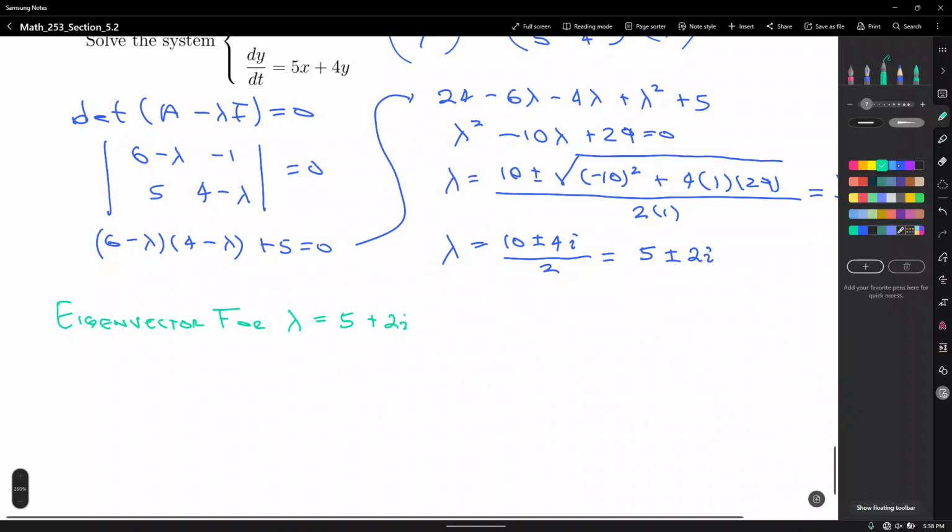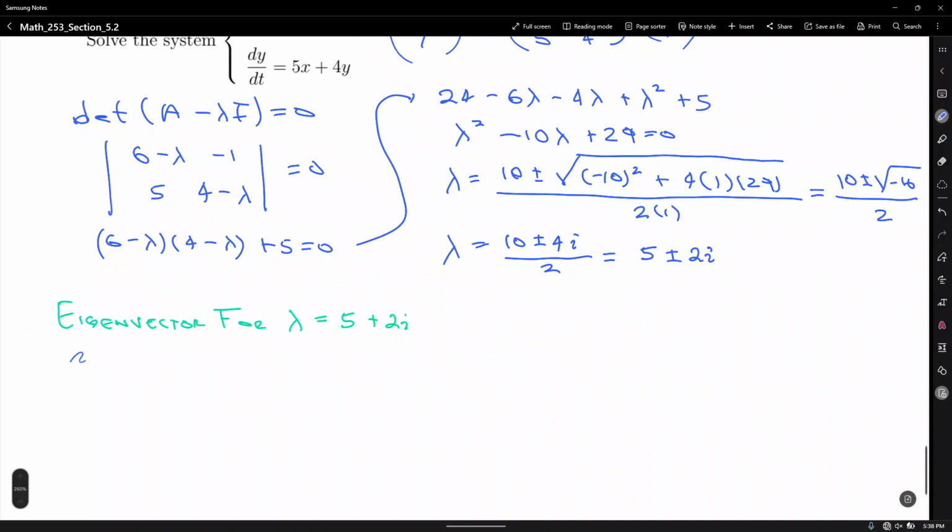That is A minus lambda I times k equals the 0 vector. So that is matrix A, which is 6, right, minus lambda, be careful, minus parentheses 5 plus 2i.